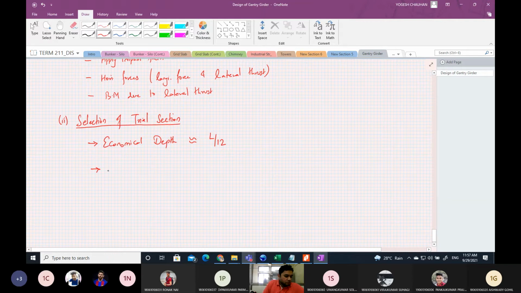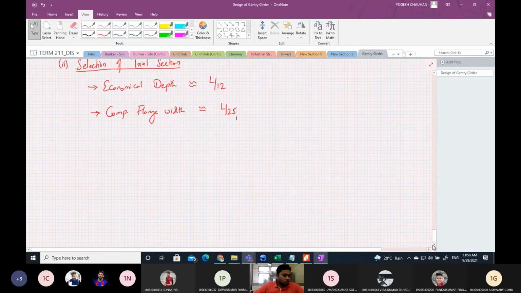Then the compression flange width is kept around span by 25. So these are some thumb rules.